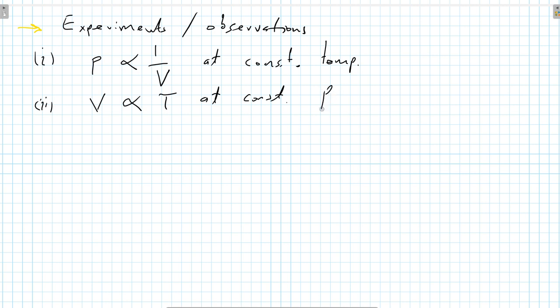So here it's constant P. And a combination of these two observations can be put into this form: pressure times volume of a gas is directly proportional to temperature.